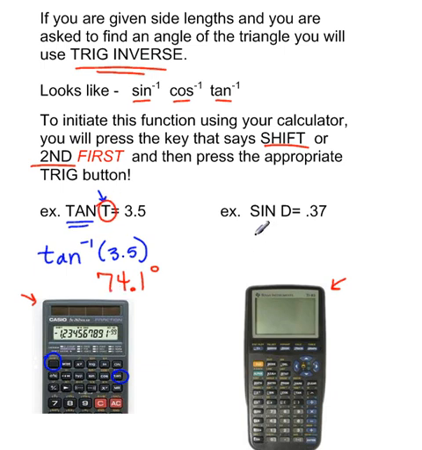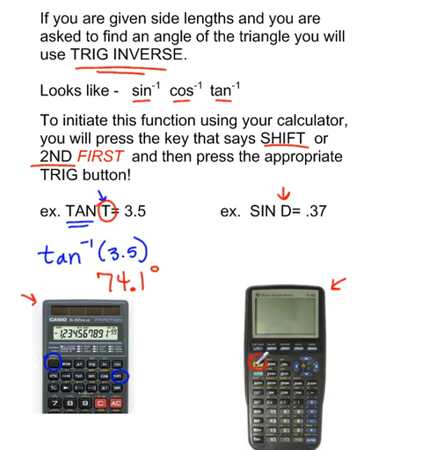Sine of angle D is 0.37. Now I'm going to use the TI right here. Again, to figure out this angle, we have got to use the sine inverse function. First and foremost, on the TIs, you would press this button in yellow or orange. It's your second button.